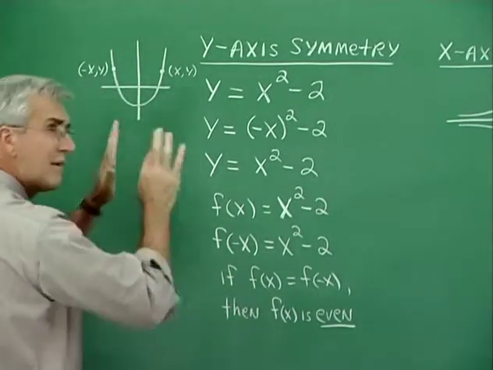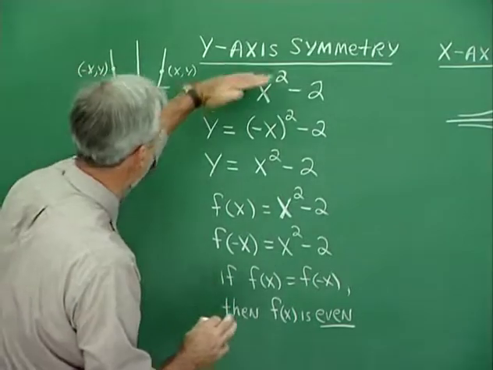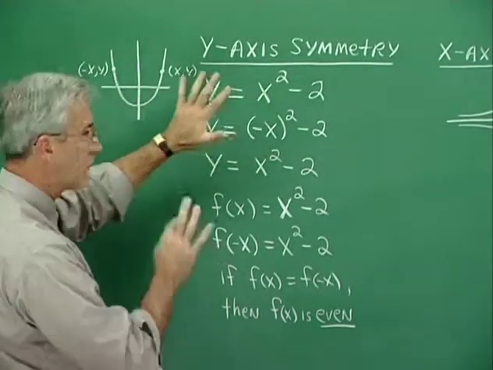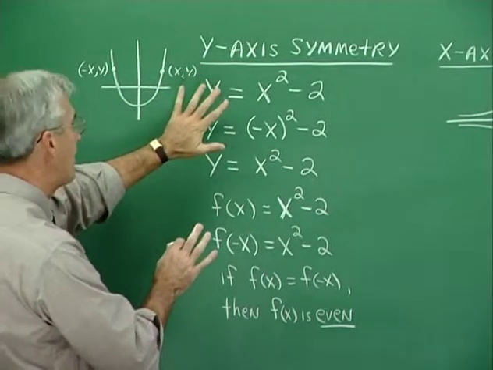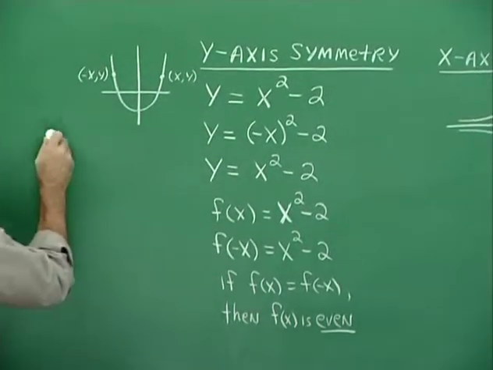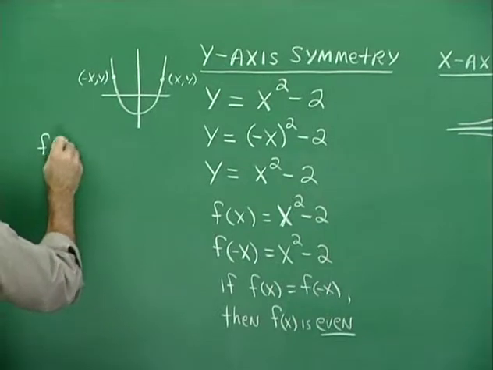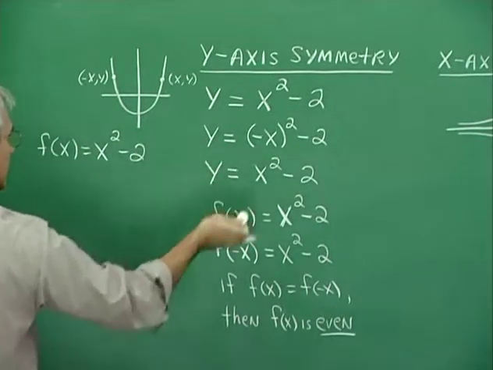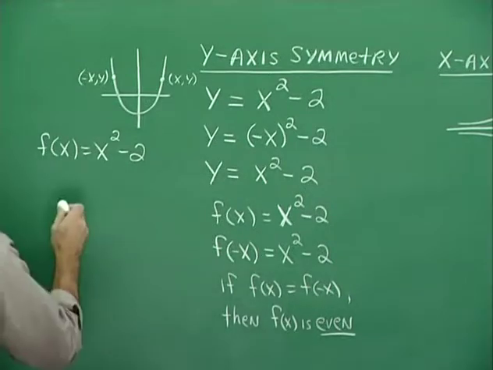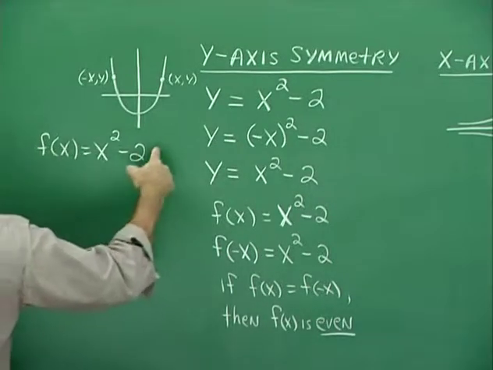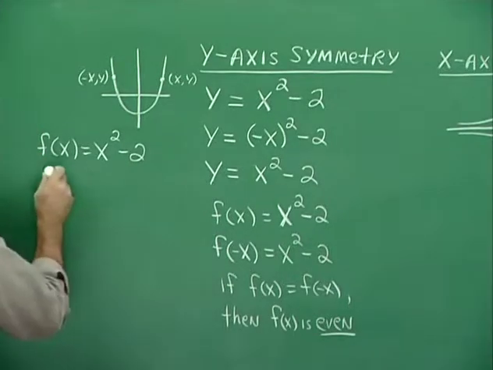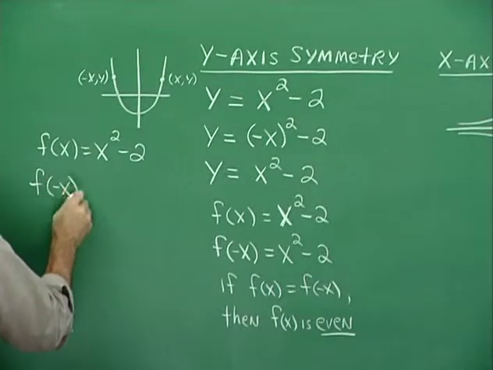Now, here's how the evaluation would be made. We can evaluate like this, certainly using the equation format, but we should be able to use the function format as well. If we begin the notion like this, all right, here's our function. Here's how we think through it. And we'll go through many similar steps that we have over here. But you write that down, and now to evaluate for y-axis symmetry, we're trying to see if f of negative x is equal to that.